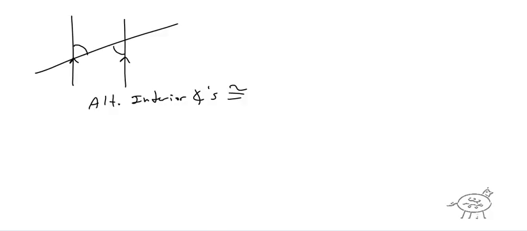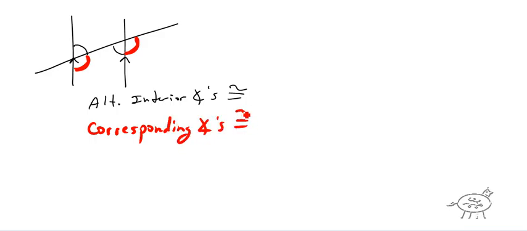You also have angles like this angle here and this angle here. Those are called corresponding angles, which are also congruent, as long as those are parallel lines. It's very important.